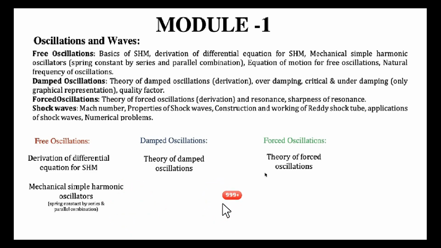In damped oscillation, you must study the theory of damped oscillation, that means the derivation. In forced oscillation, you must study the theory of forced oscillation, nothing but the derivation. In damped oscillation and forced oscillation, one question is compulsory. Along with that, sometimes he may go to the free oscillation chapter also.